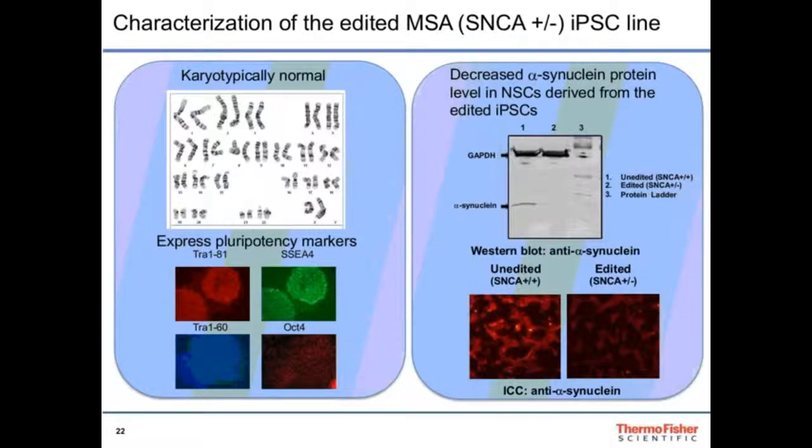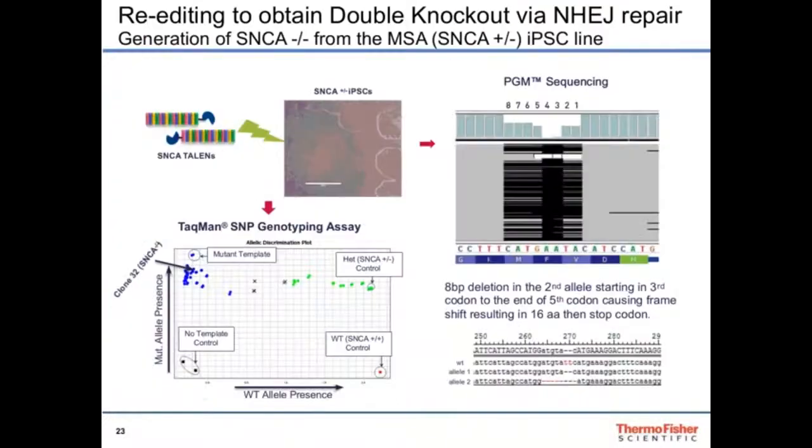So now we have a heterozygous knockout. Make sure the karyotype is normal. We checked all the pluripotency markers, make sure they're still acting like stem cells. We then also did a Western blot to show that we're getting a decreased amount of protein and confirmed that by immunohistochemistry. So to get the second allele, we just went around and did the whole process again.